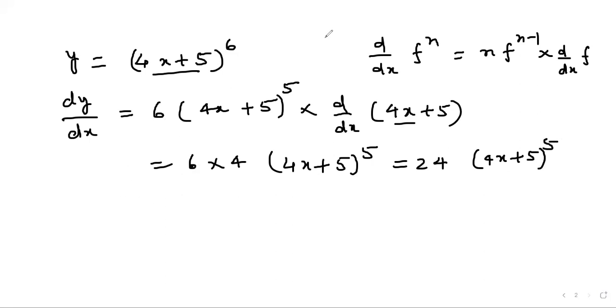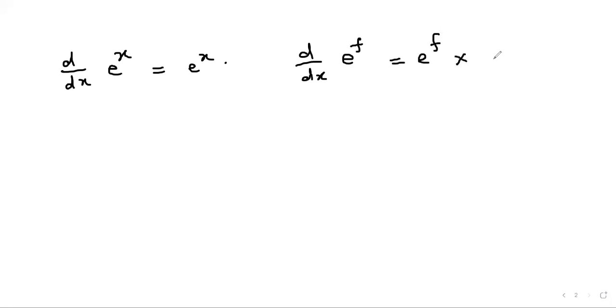Now let's consider some other function. D upon dx of e power x gives e power x. D upon dx of e power f will give e power f times d upon dx of f.